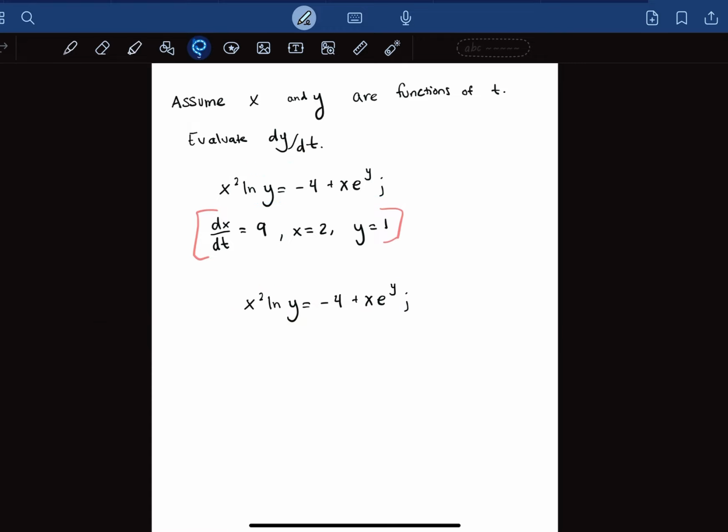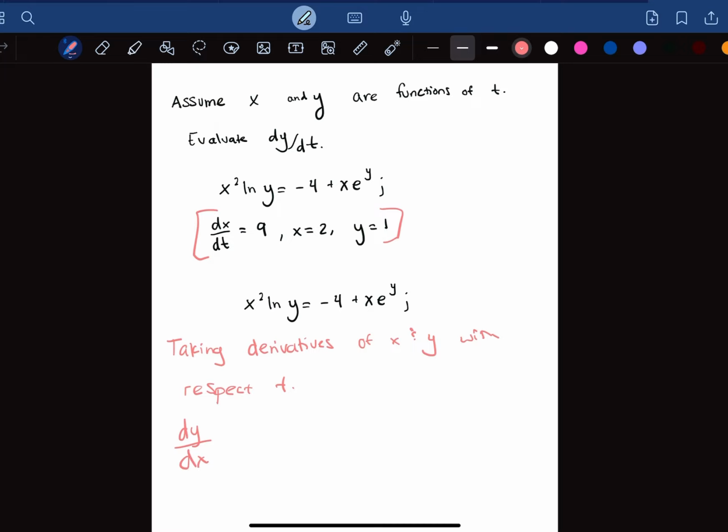What this is saying is that we are taking a derivative of x and y with respect to t. Normally for implicit differentiation, you're usually looking at a derivative of y with respect to x, so usually you have dy over dx.